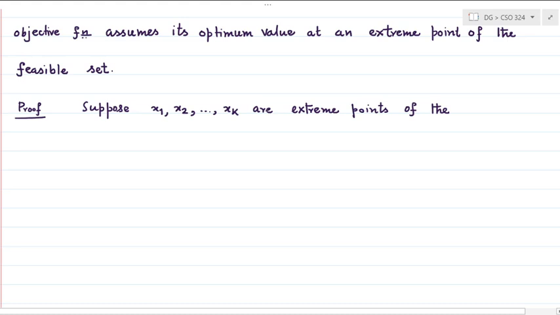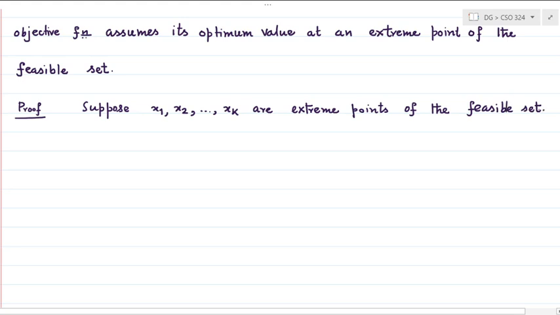Because you know there are finitely many basic feasible solutions, and later on we will prove that basic feasible solutions are extreme points. And therefore, as basic feasible solutions are at max nCm, the number of extreme points is finite. So we are assuming here x1, x2, ..., xk are extreme points of the feasible region. By feasible region or feasible set we mean the same. Fine. By feasible region we mean the geometric region given by the constraint set or the feasible set. Fine.